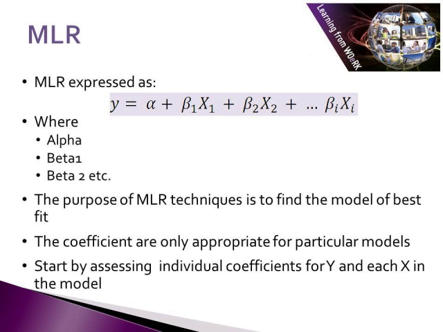The purpose of multiple linear regression techniques is to find the model of best fit. Now, the coefficients are only appropriate for particular models, and we start by assessing the individual coefficients for y and each x within the model.